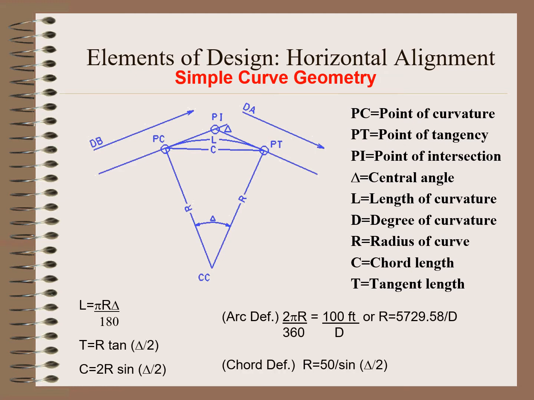All these values can be found using specific formulas that were calculated from the geometry of the curvature and the arcs. We have also dB, which is the distance back, which is the direction back from the PC to the PI, and the direction ahead is defined as the direction from the PI to the PT.